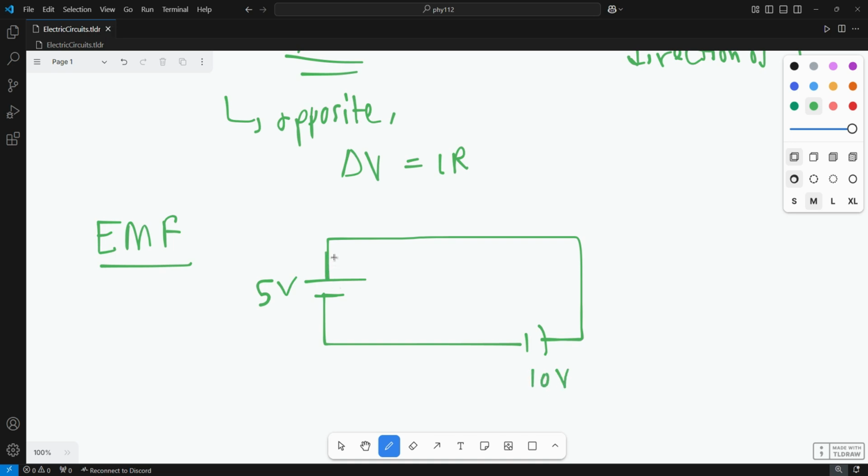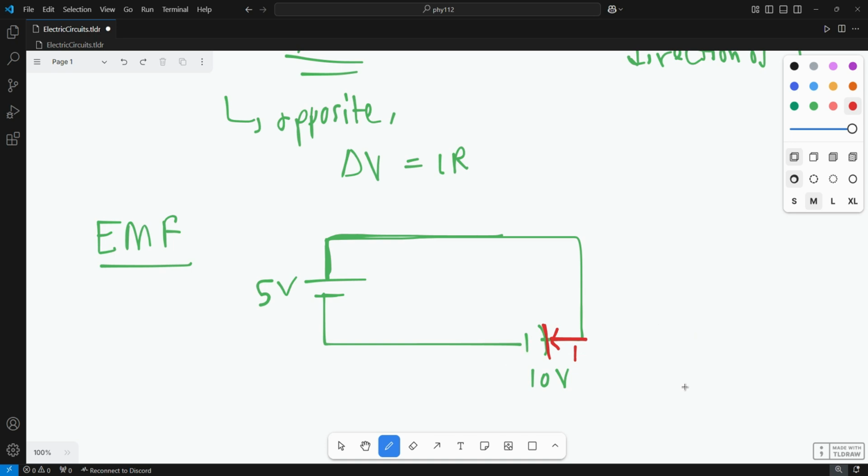So we are traveling from here. Whenever we enter this, say this is the positive side, this is the negative side. So we're jumping from positive to negative. So the delta V will be minus the EMF, which is minus 10.